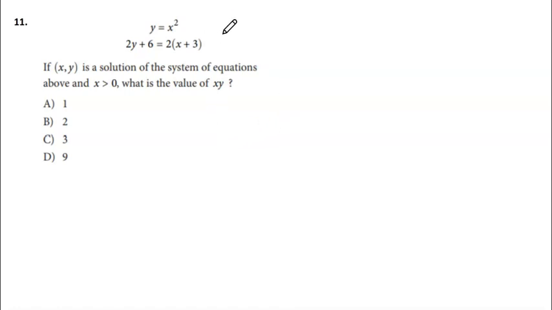So here we have to substitute for y in the second equation. They want us to find x times y. We'll be given a condition that x is greater than 0. So let's do the substitution.